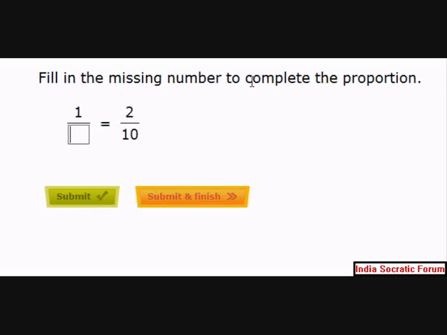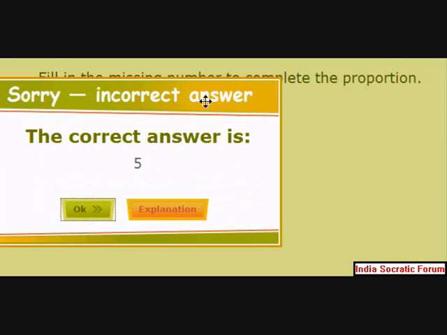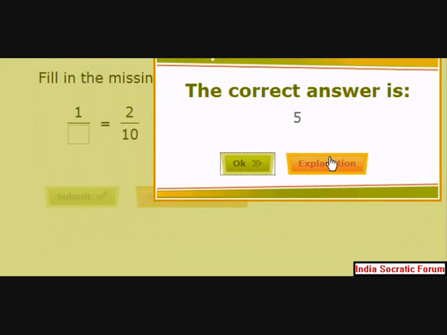Fill in the missing number to complete the proportion. 1 by what equals 2 by 10? First start with 2 by 10. Divide. We got 1 here. Divide the numerator by what number? Do the same in the denominator. Good. The answer is 5.